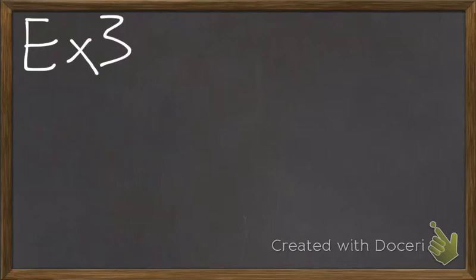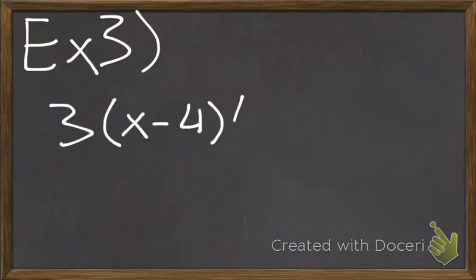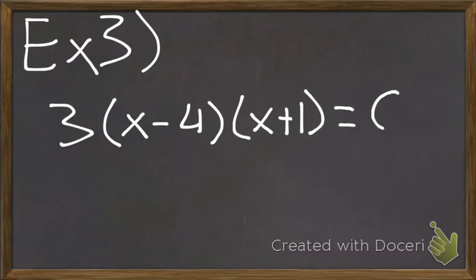Let's go over a couple more. What if we have this? What if we have a number in front and then we have some factors? Now you pretty much ignore the 3, because if this is set to 0, it's still going to be 3 times 0, which will give you 0. And if this guy is 0, it's still going to be 3 times 0.